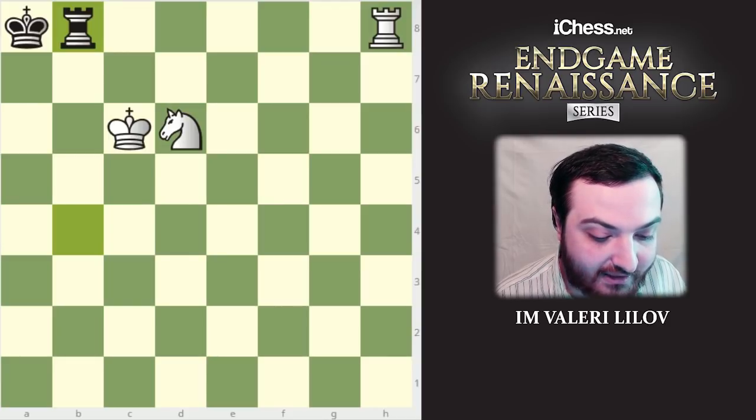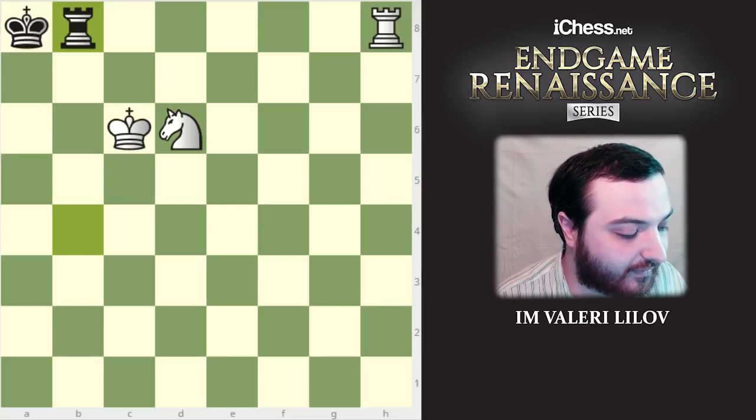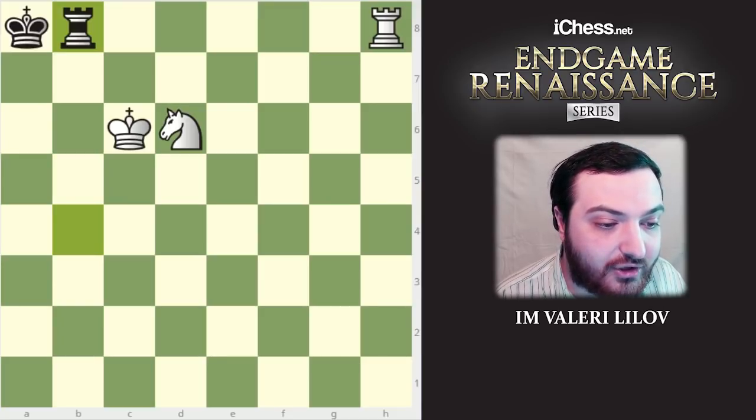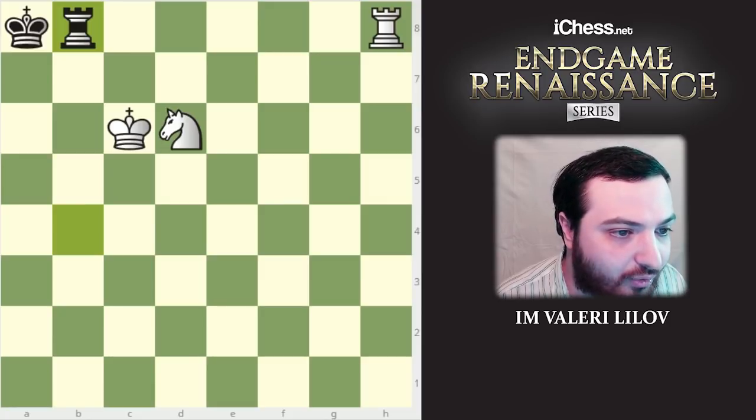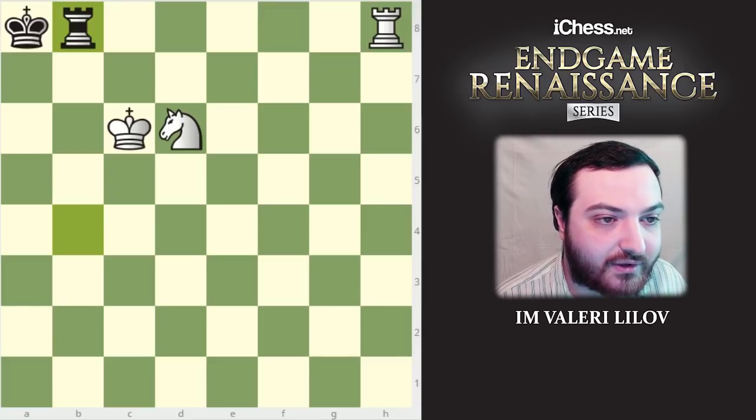Rule number one: what you like to do in this type of position is to remember that idea. The key is to get the pieces into play, coordinate them, set them up, and this is a great thing to consider.